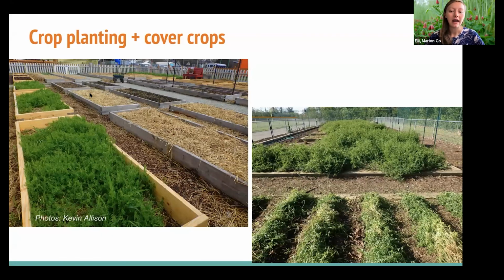For hairy vetch cover crop, there's a lot of options too, and I'll try to go into a few more of the options for planting your vegetables right into residue. With this example with hairy vetch, on the right, you can see all of these raised beds were covered in hairy vetch, planted in the fall. This is its growth in the spring.